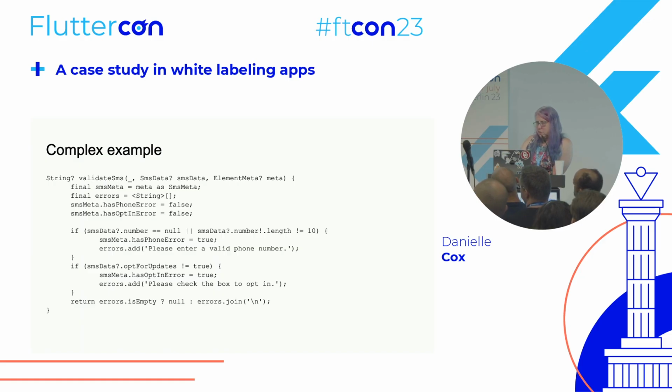And here's a much more complex example to show what's going on here. This is an element that is basically a checkbox that you can check and then put your phone number in to say, send me updates about the progress of my application. So in this case, we check to see, did you put a phone number in? If you put a phone number, is it a valid phone number?